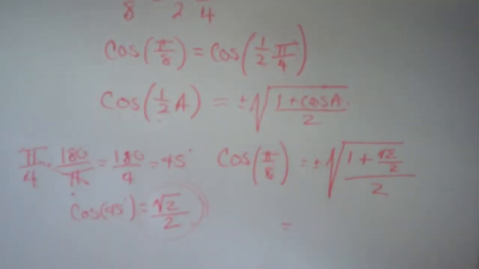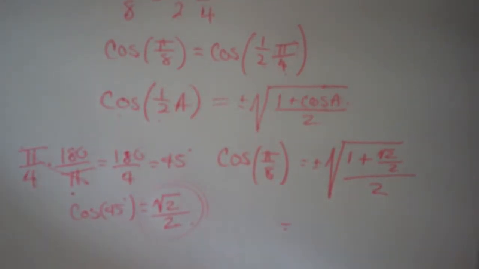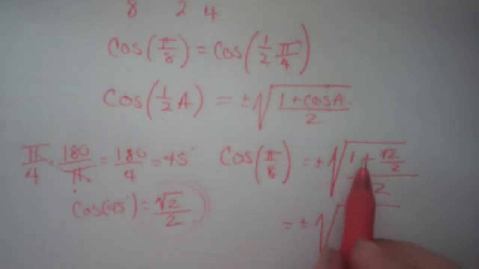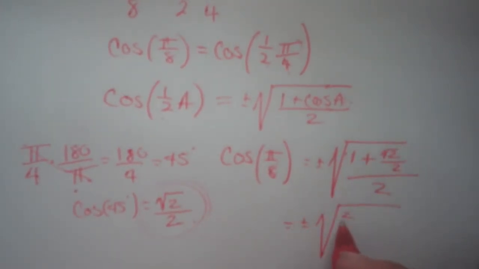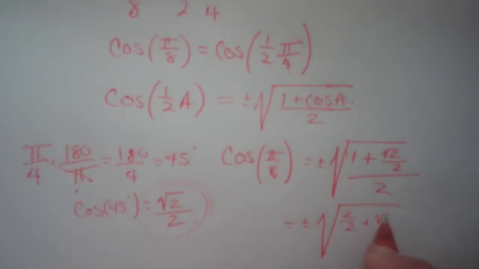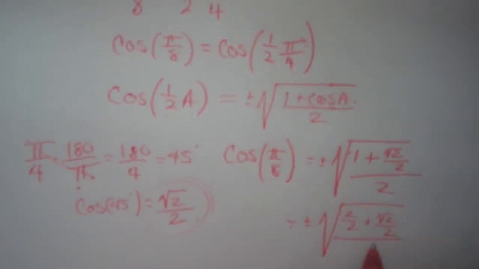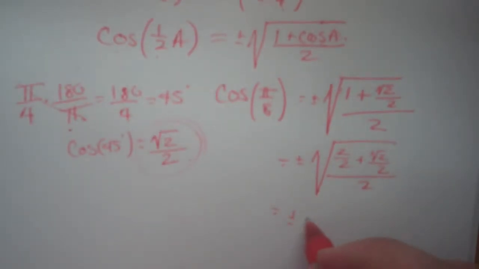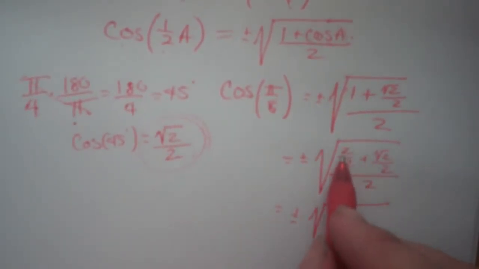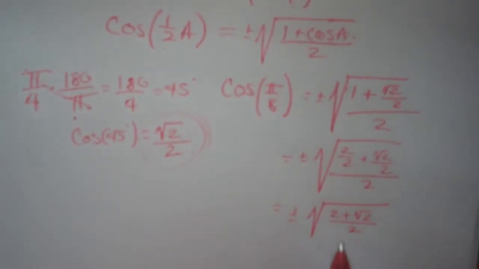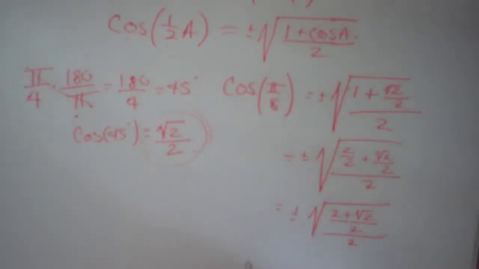So this is now going to be equal to plus or minus the square root of, I'm going to rewrite this 1 as a 2 over 2 plus radical 2 over 2, and then the whole thing divided by 2. So this is equal to plus or minus the square root of 2 plus radical 2 over 2, and then this whole thing divided by 2.